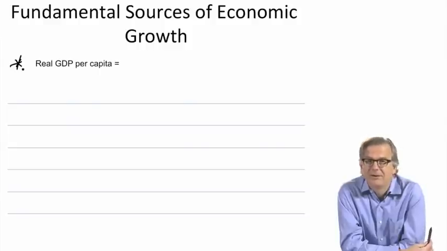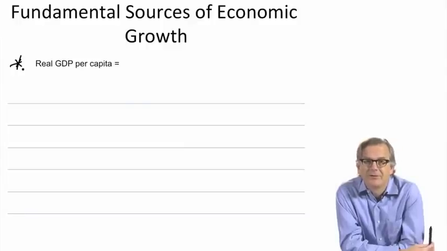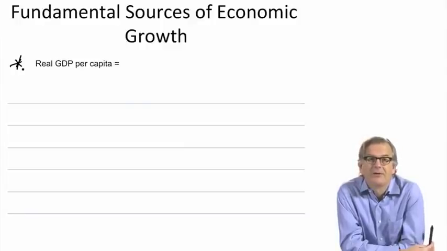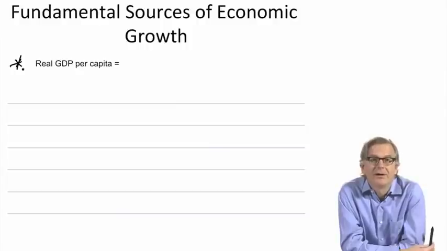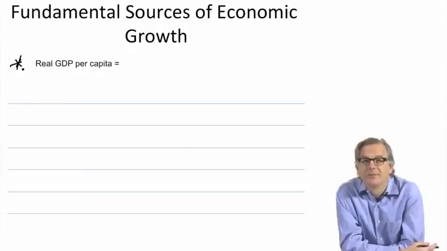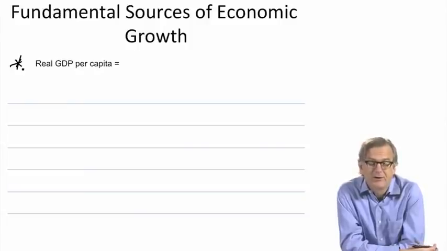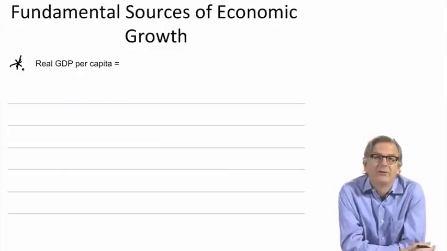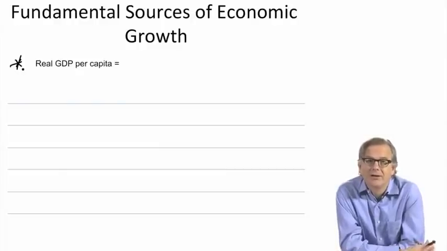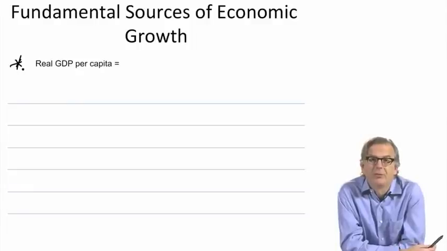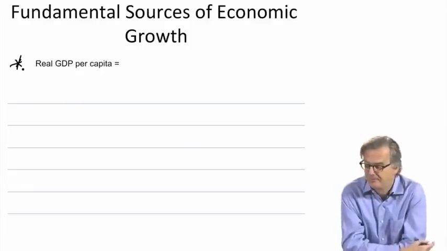And then it starts to make sense why we focus on real GDP per capita as our measure of long-run economic growth. What we're ultimately trying to understand is what determines the average flow of income per person in the economy. So our analysis of GDP in this instance is very much a story about trying to understand the income that is available per person in the economy.